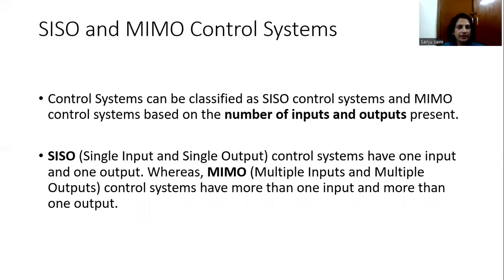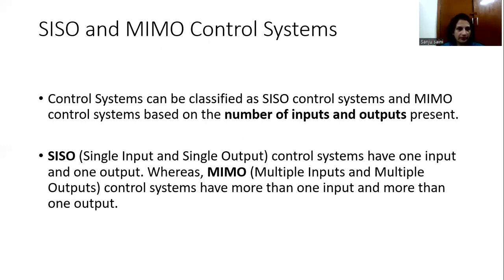Let us consider an electrical heater that is using the heating effect of the electric current. Its input is current and its output is temperature. So there is a single input and single output.